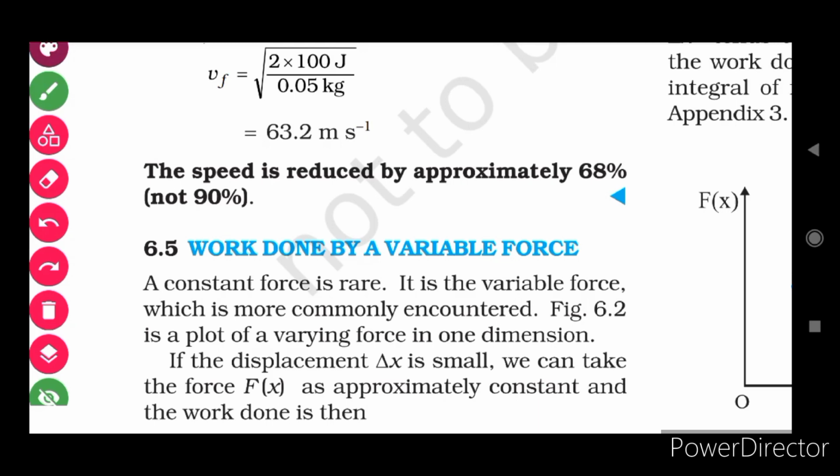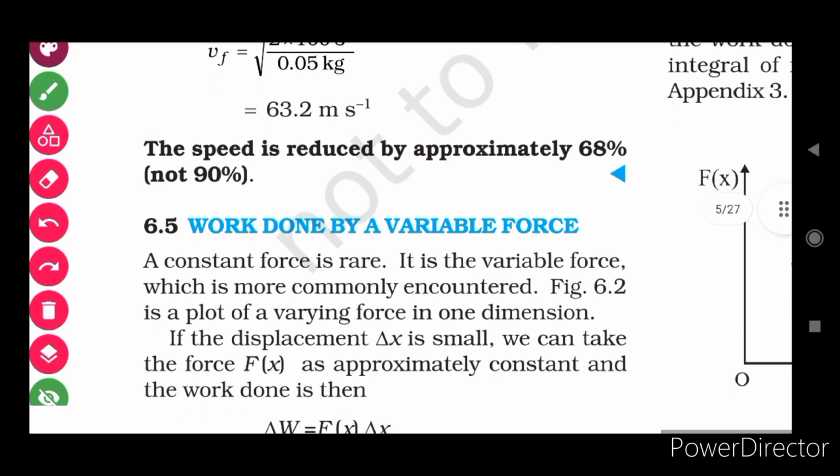This is the more realistic topic, because in real life we are not dealing with a constant force, we are dealing with a variable force most of the time. So from the next video, the real part of the chapter will begin, and this will be the work done by a variable force. We'll see it in the next video.